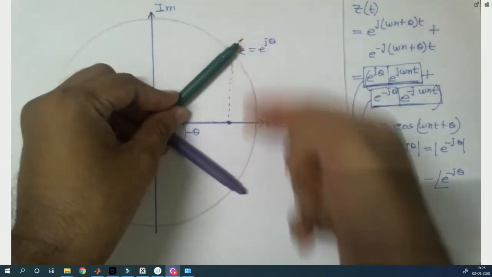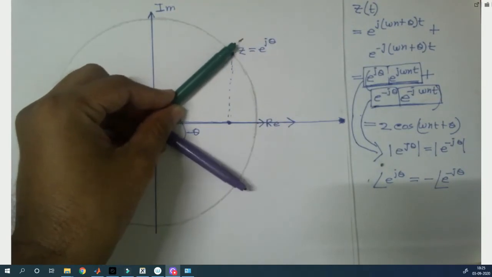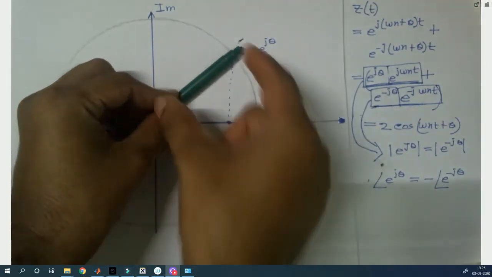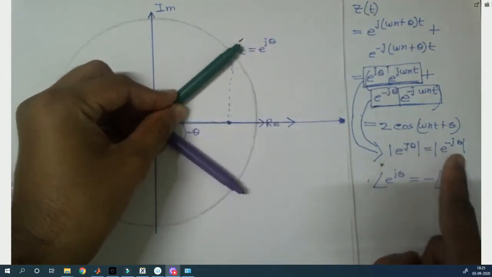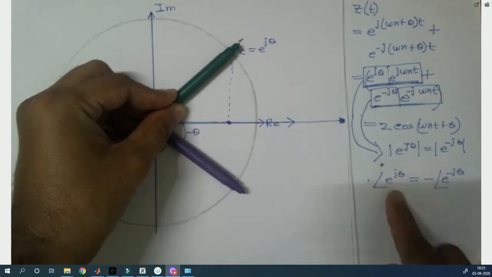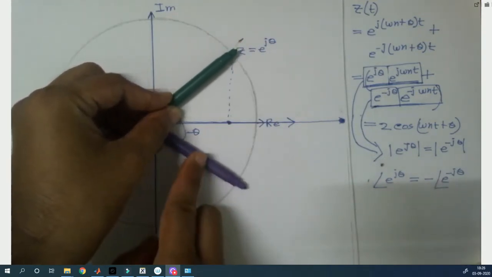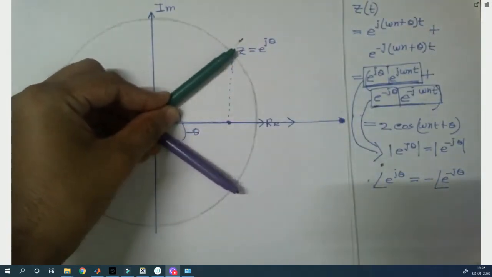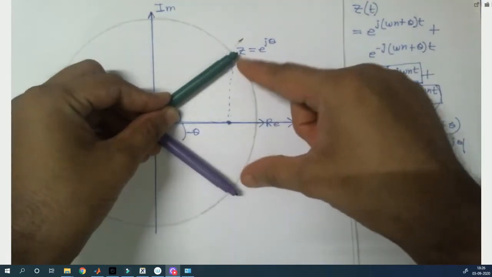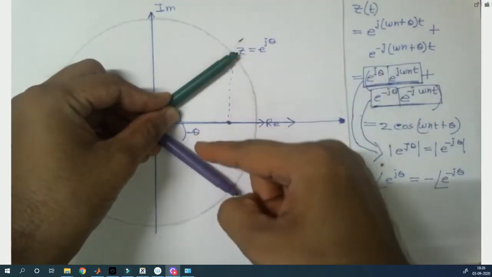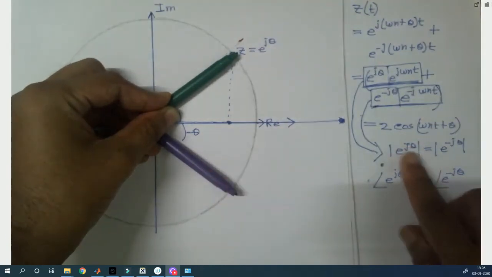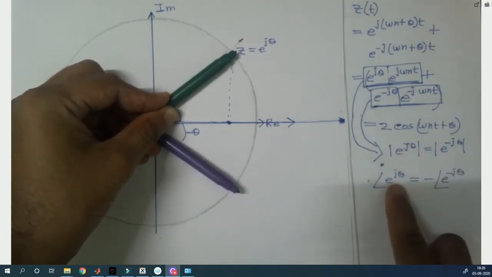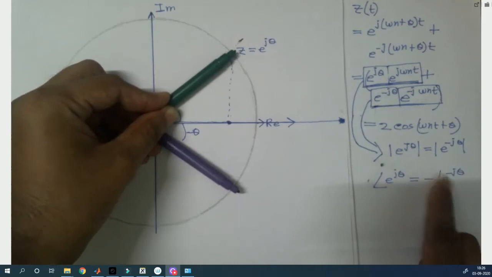The sum of these two signals will be purely real if and only if the mod value of these two coefficients are equal and the angles of these two coefficients are equal and opposite, so that they start from a symmetric position. Which means for the sum of these two signals to be real, we need the coefficients to have equal modulus and opposite and equal angles.